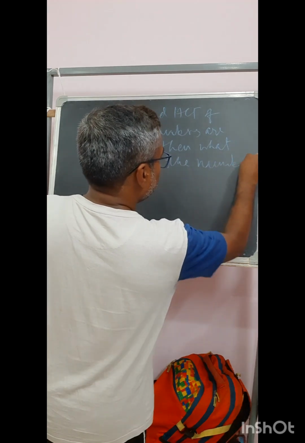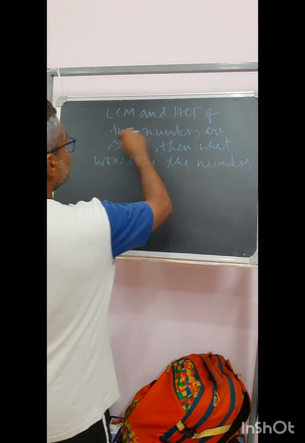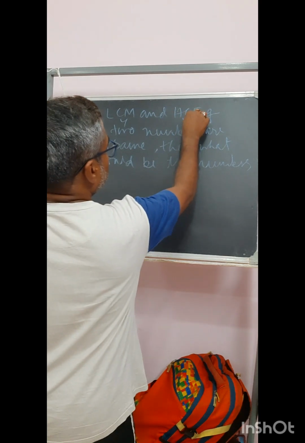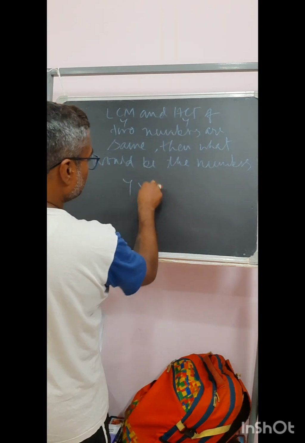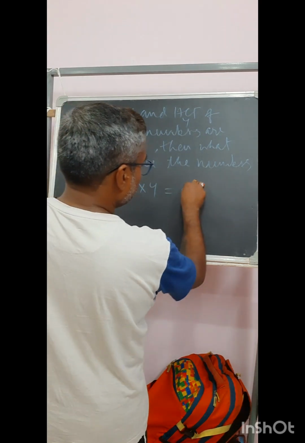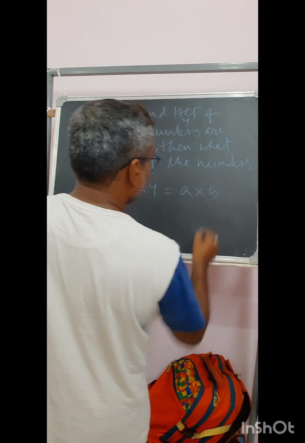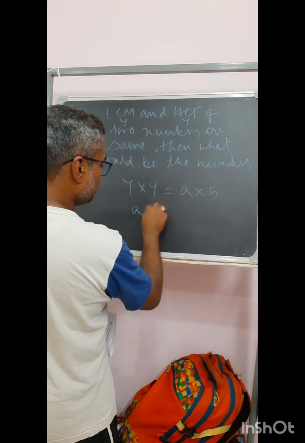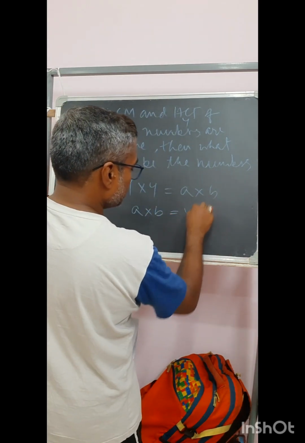So as I am explaining, if LCM and HCF, let's say these are represented by y, both are y, and the numbers are a into b, let's say I am taking different letters, so a into b is equal to y square.